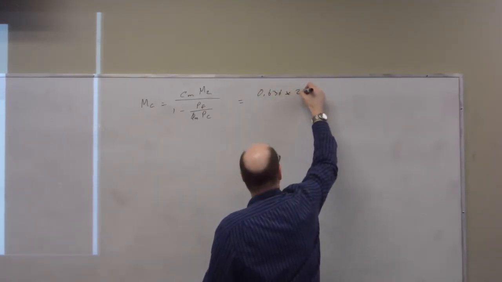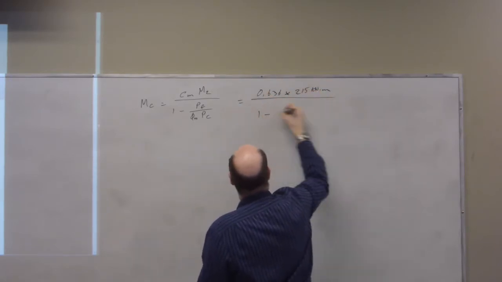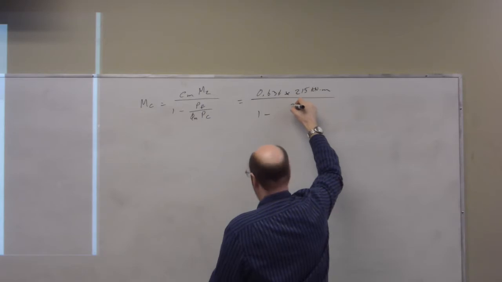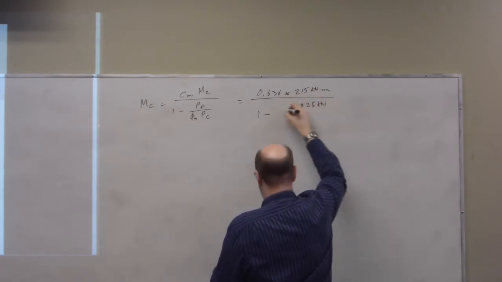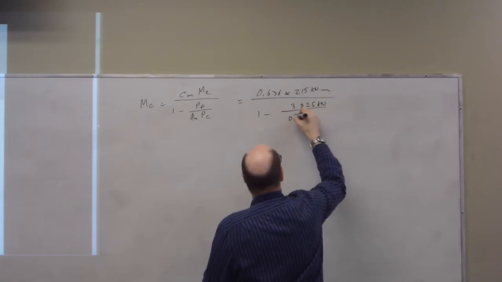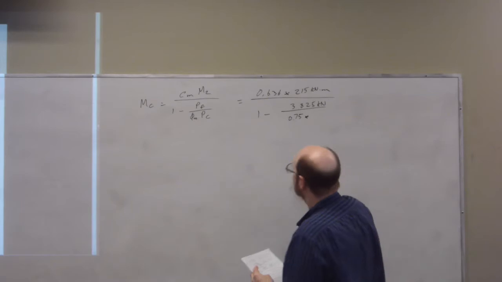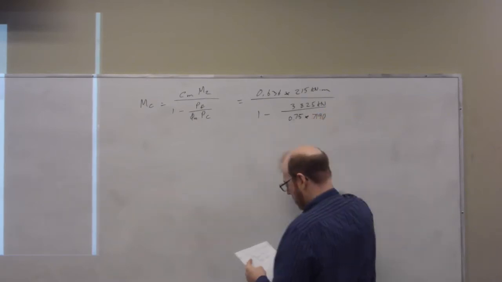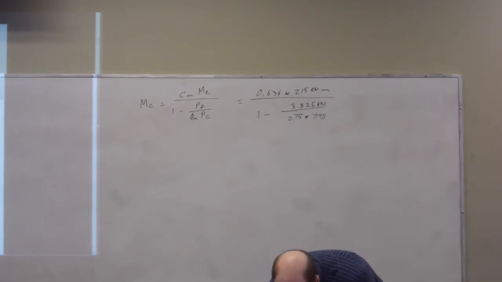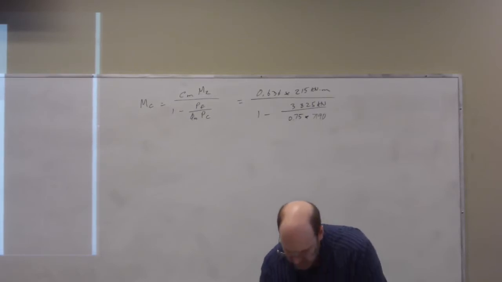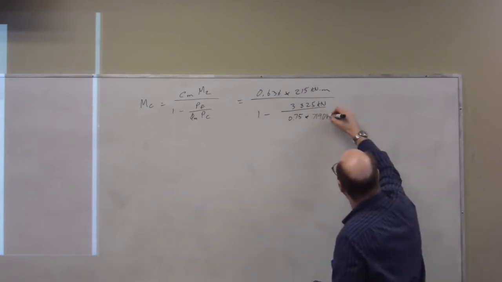Our M2 is 215 kilonewton meters. 1 minus our Pf was 3825 kilonewtons, divided by 0.75 and Pc, which we just calculated, again, it's kilonewtons.